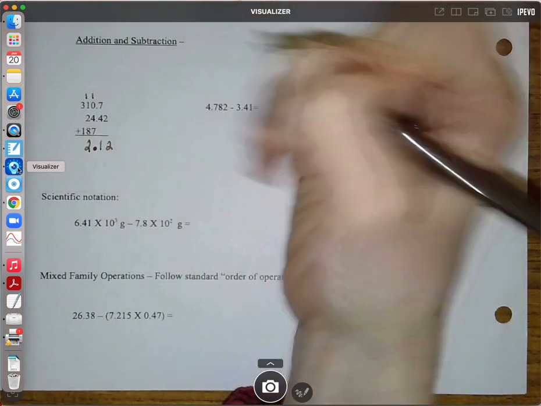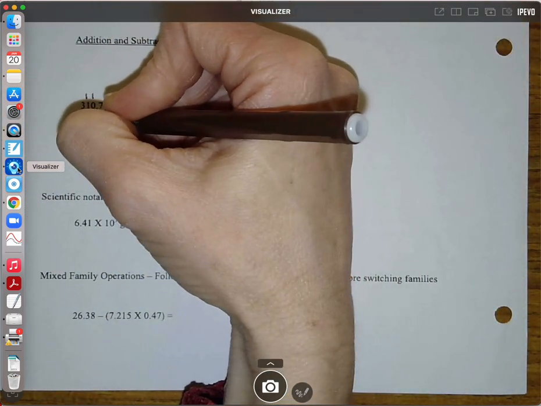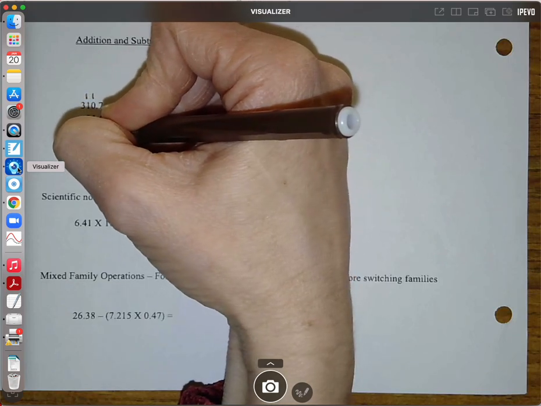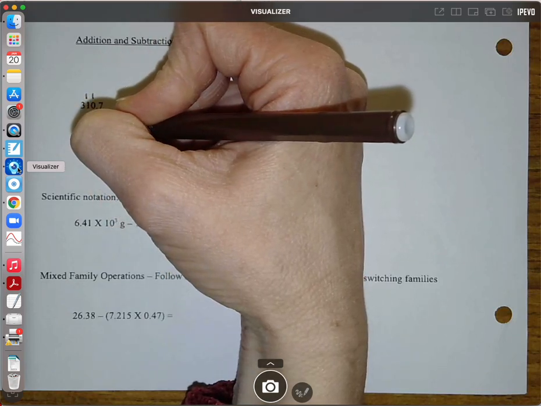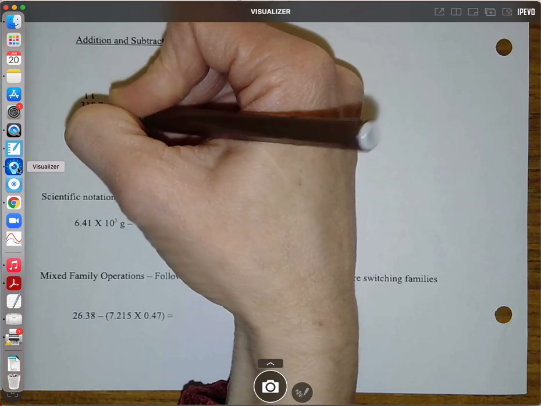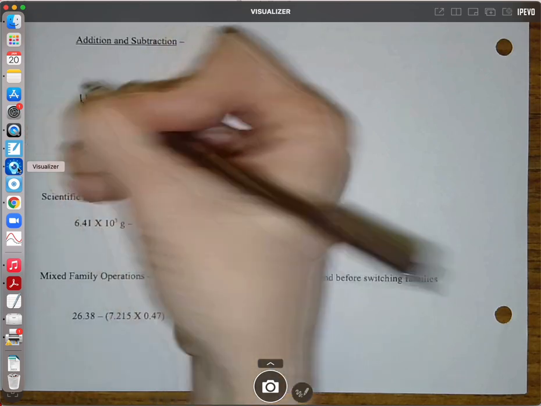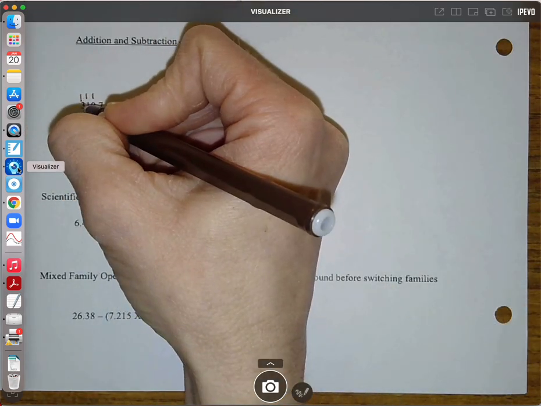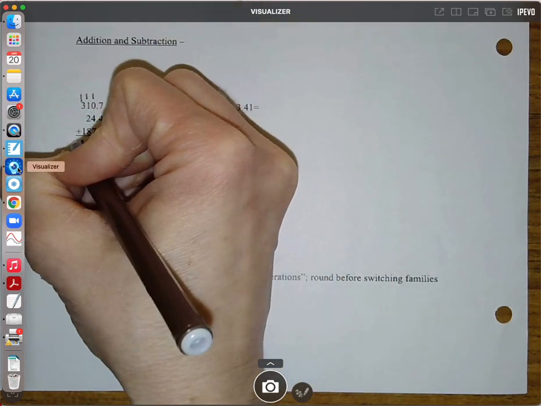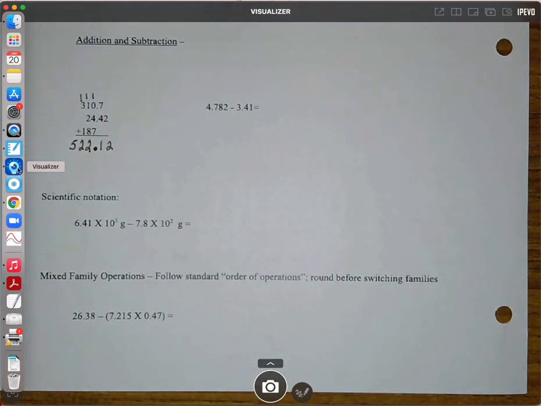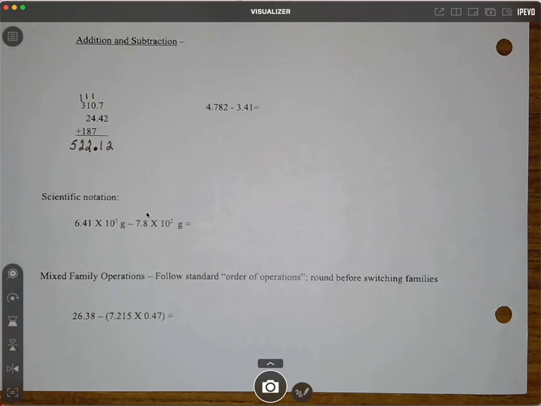Carry the 1. 1 plus 1 plus 2 plus 8, more 12. Carry the 1. 1 plus 3 plus 1, 5. Assuming I didn't do any really bad addition there, your math teacher would have told you that is 522.12.